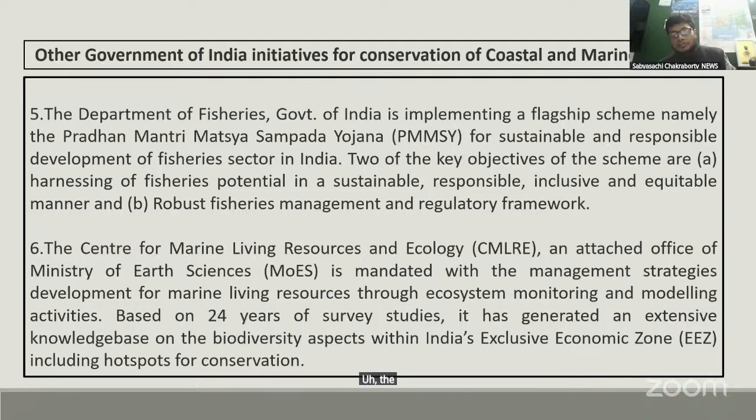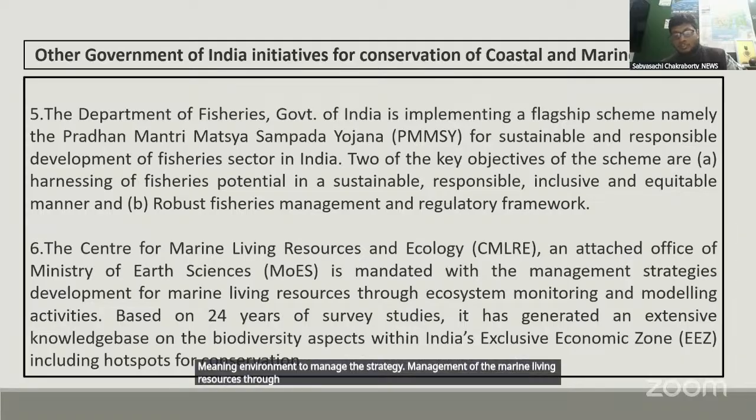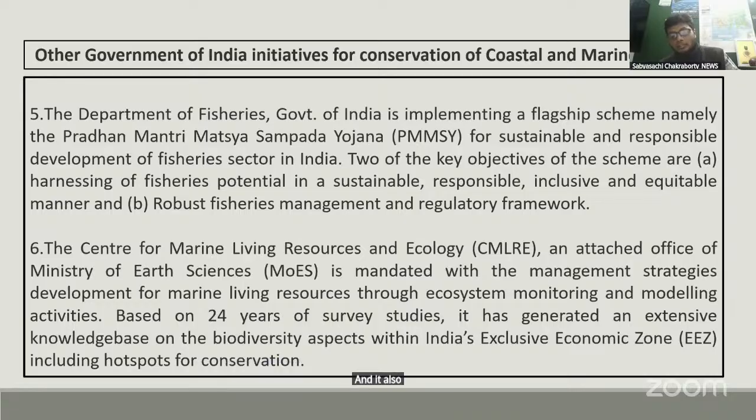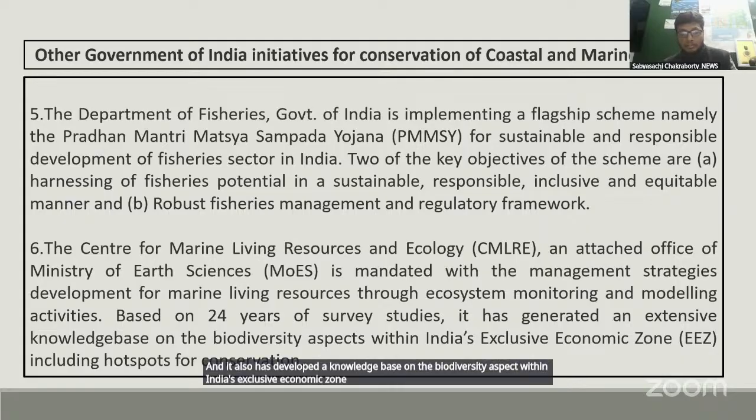The Center for Marine Living Resources and Ecology is looking after the management of the marine living resources, modeling and ecosystem monitoring, and it has also developed a knowledge base on the biodiversity aspect within India's exclusive economic zone, including the hotspots for conservation.